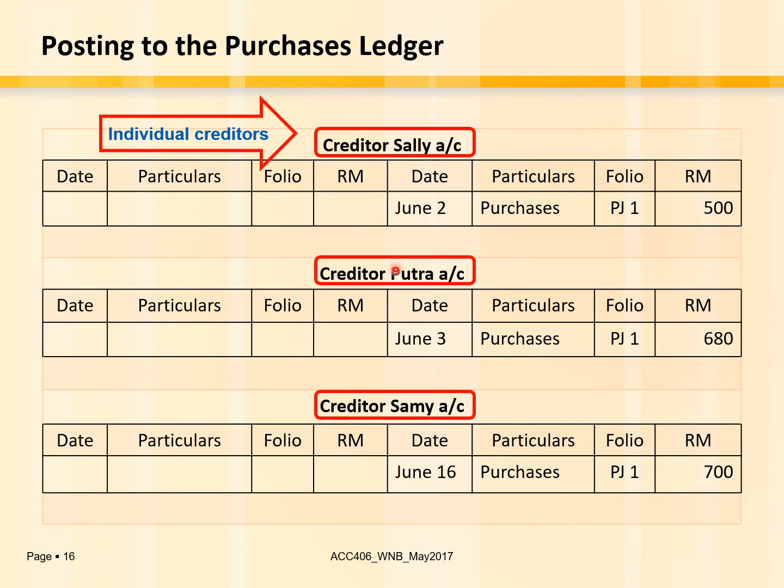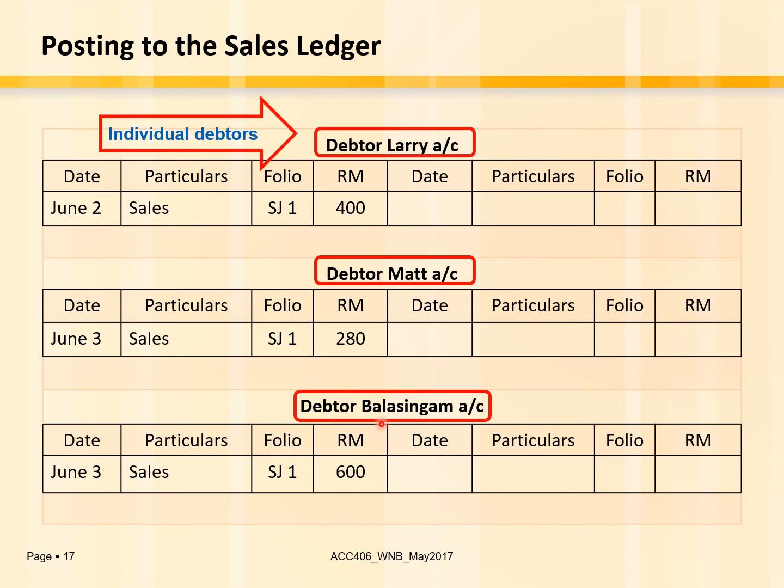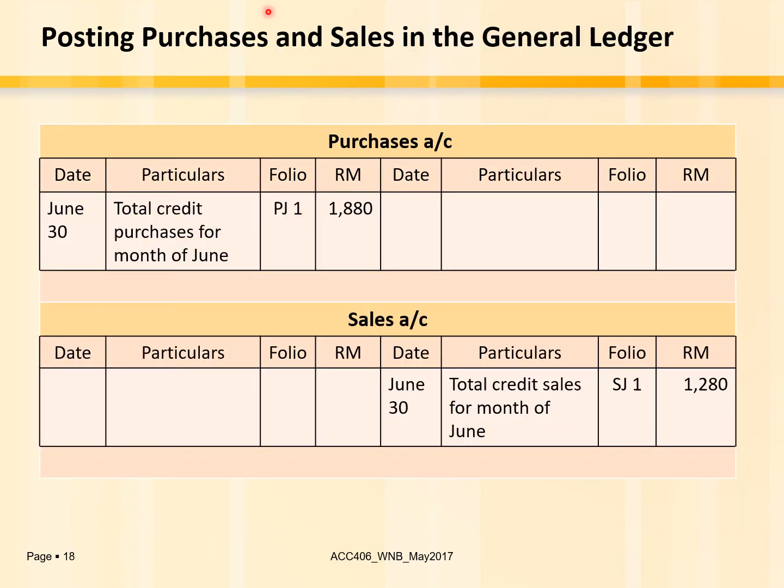Yang ni sama je macam kita buat dalam our example. Buka Sally, buka Putra, buka Sami. Next, untuk the sales ledger, sama juga. Kita kena buka account debtor Larry, Matt and also Balasingham. Dan masukkan dia punya particular kat sini. Like this. Okay.